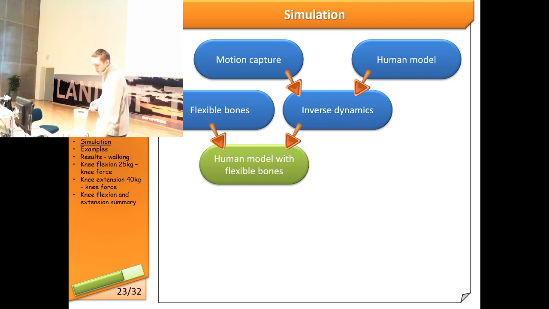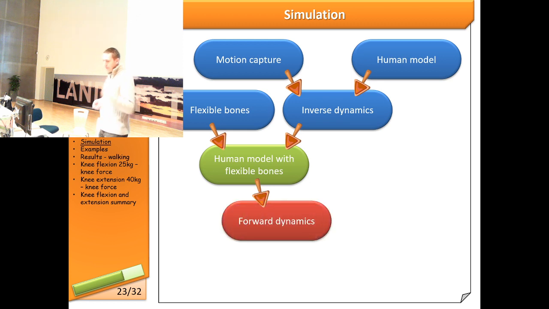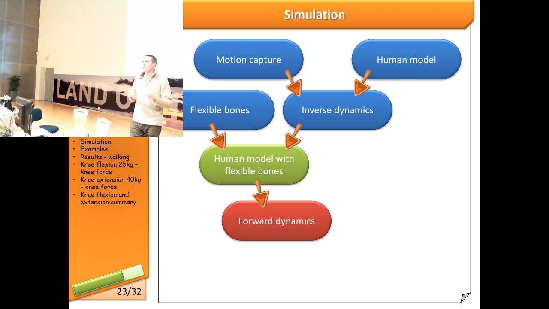So when you have the human model with flexible bones, you can run forward dynamics. But to run it, from inverse dynamics you know what motion you're doing, so how each body joint should change its angle at every time instant. And now you have to apply the muscle forces to actually make this happen.